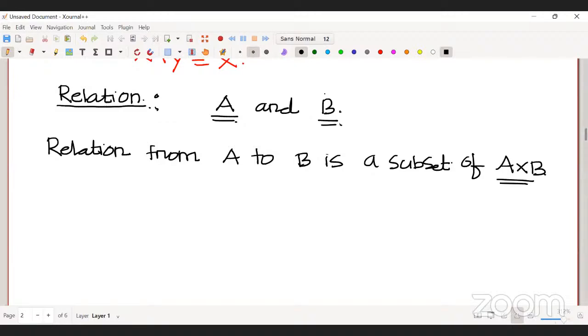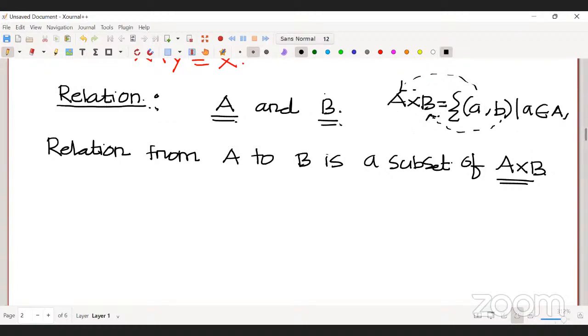So it's basically this is nothing but all the possible tuples where the first element of the tuple comes from A and the second element of the tuple comes from B. So a is in A and b is in B. Okay, so this is how we define the Cartesian product. So a relation is nothing but a subset of A cross B.